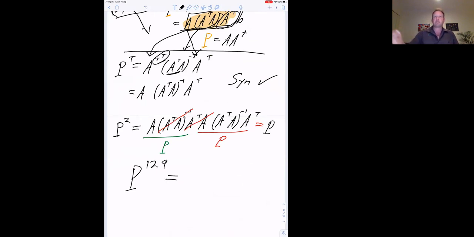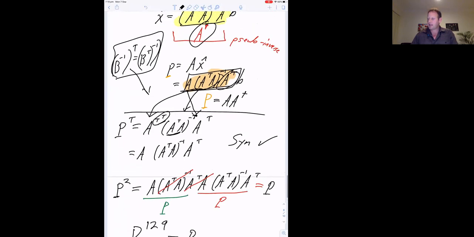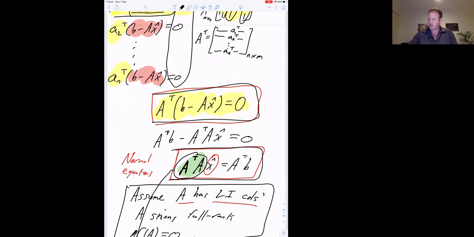If P squared is P, every time we multiply by P, it's still capital P. Good job. That's a projection matrix, a hat matrix, and we got it through the orthogonality principle, in a sense slightly involved in a 3-hour lecture. Are there any questions before I move on?